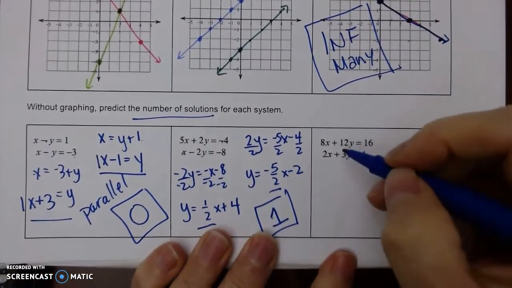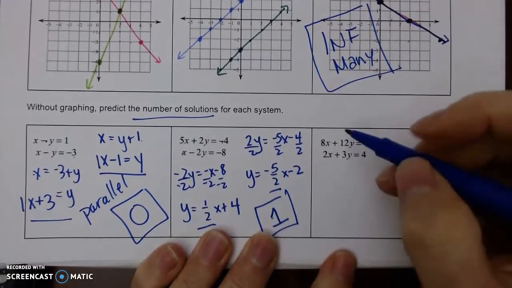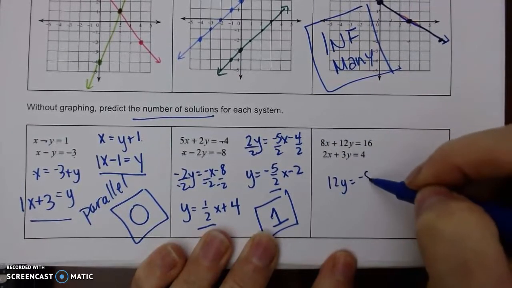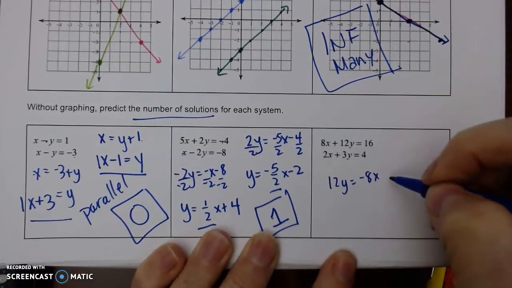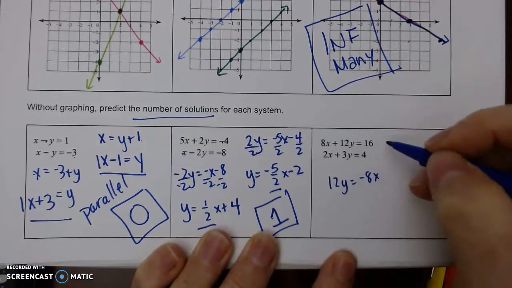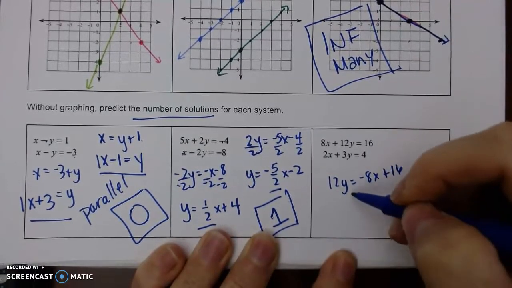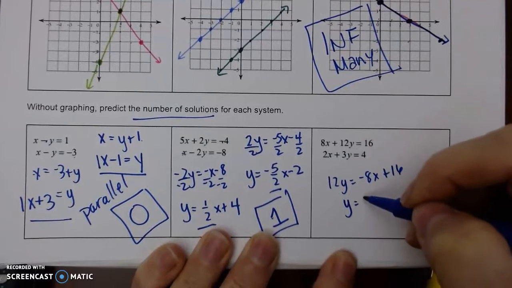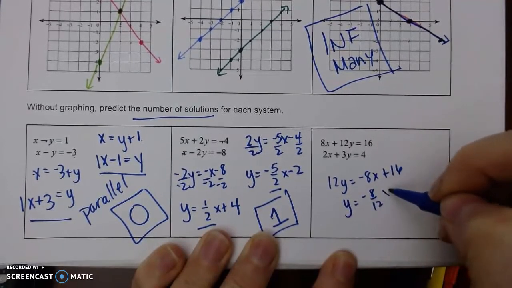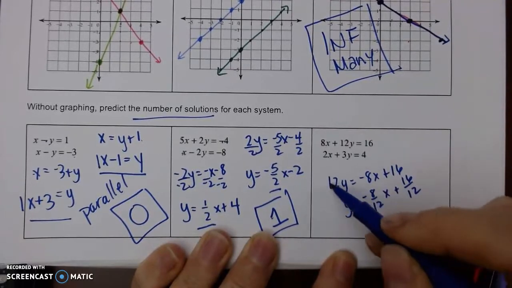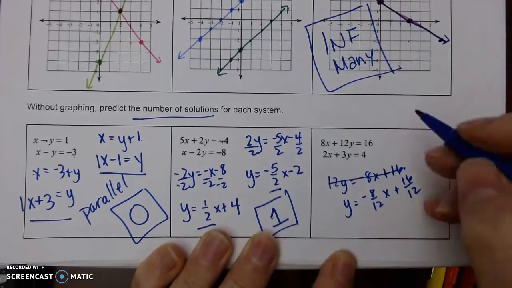All right, and the last one. We will subtract 8x and divide by 12. All right, and I can reduce that if I need to.